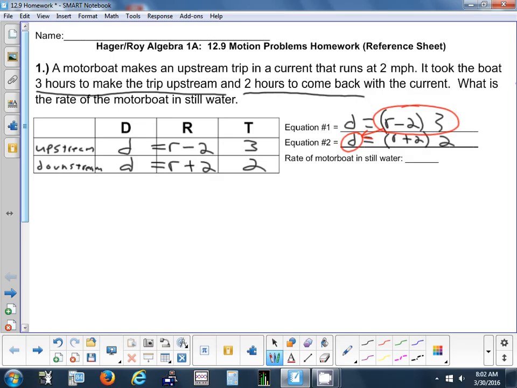That's the substitution part. Let's just write that out. So we got r minus 2 times 3. Fill that in for D. And now just copy down the right-hand side. r plus 2 times 2. What property do I have to do on both sides?